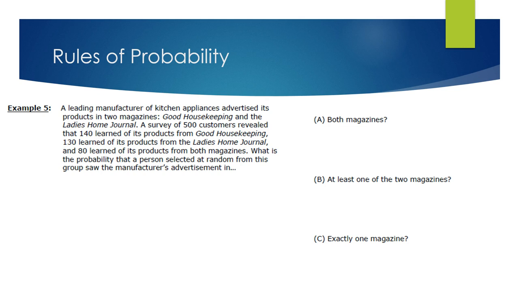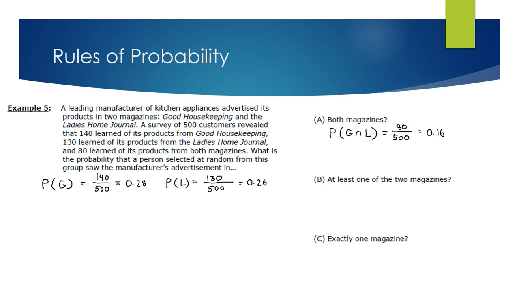Okay. Now, some of this comes directly from the data they gave us. In other parts, I may have to do some diagrams or use some formulas or things of that nature. But the information I'm given here, I'm going to let G be those who learned of the products through Good Housekeeping, and that probability is 140 over 500, which is 0.28.